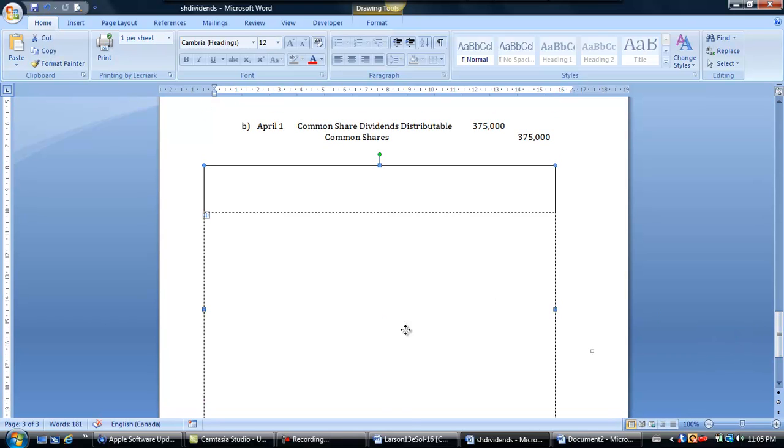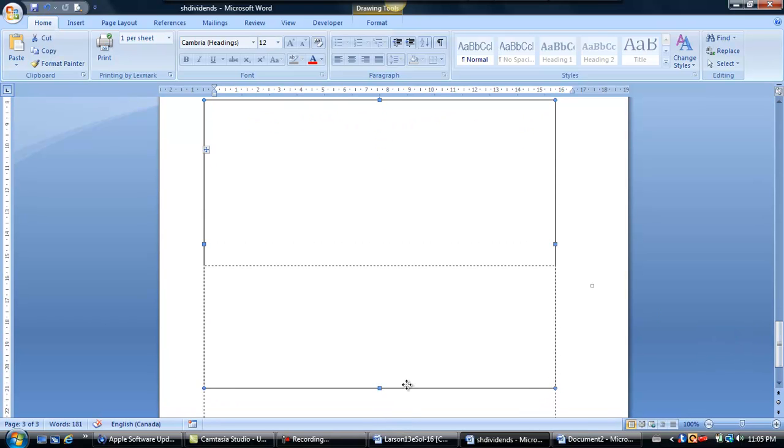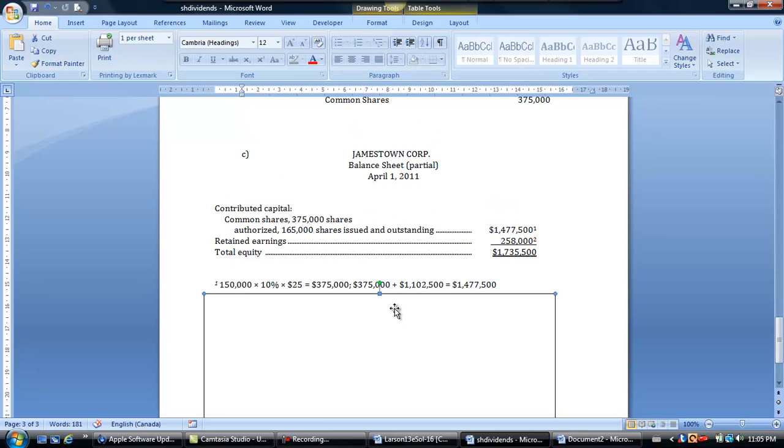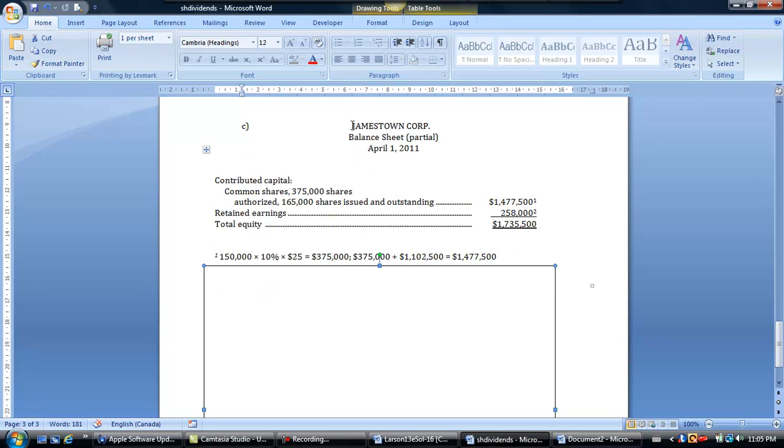In Part C, we have the name of the company, the fact that it is a partial balance sheet on April the 1st, and our contributed capital with our common shares. 375,000 shares were authorized, but now we have 165,000 shares.